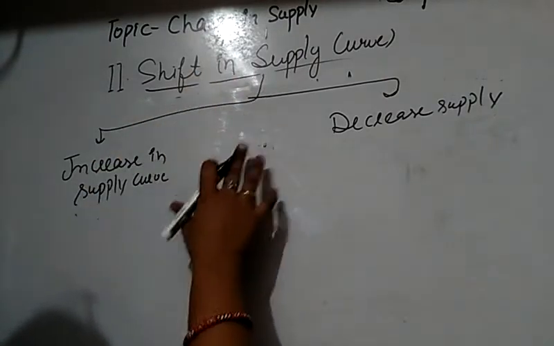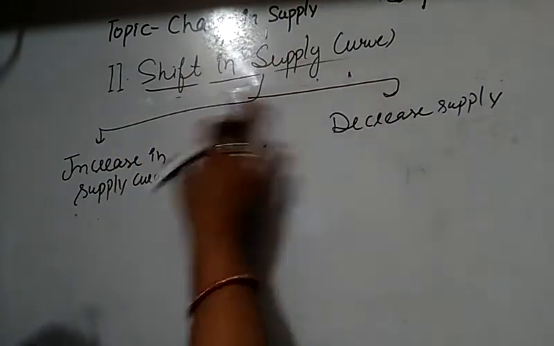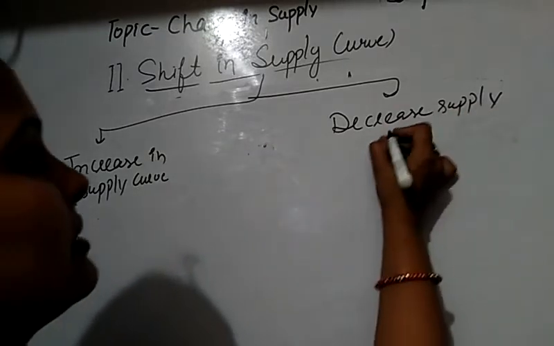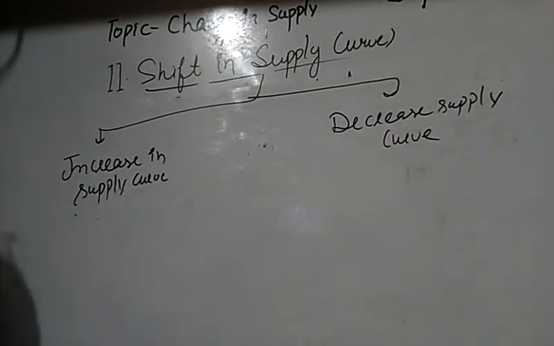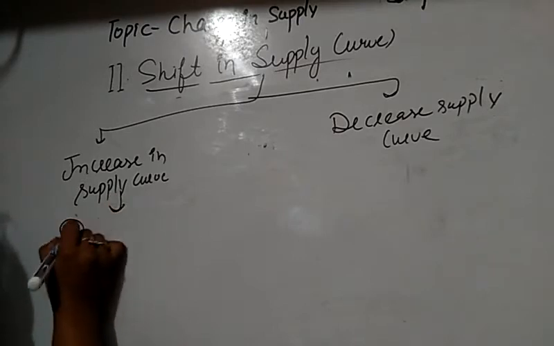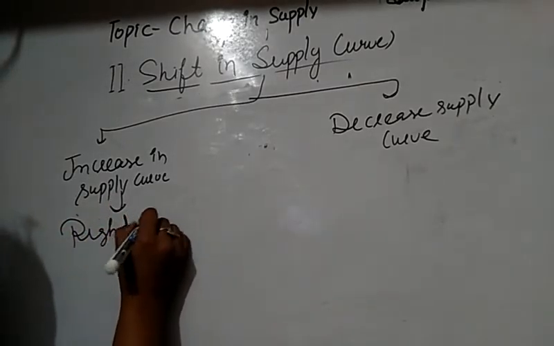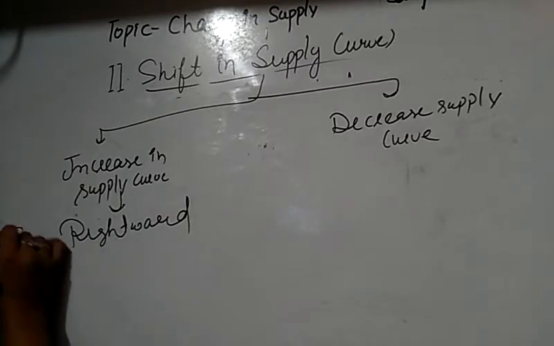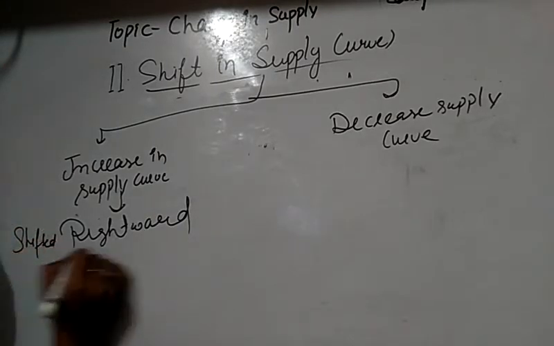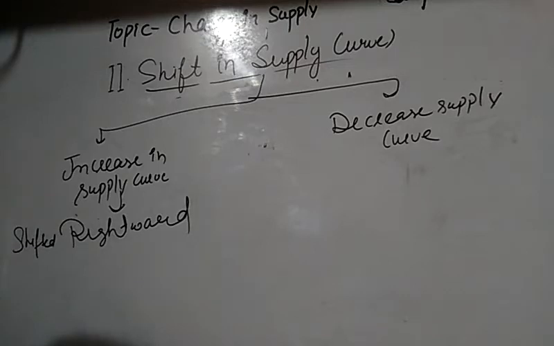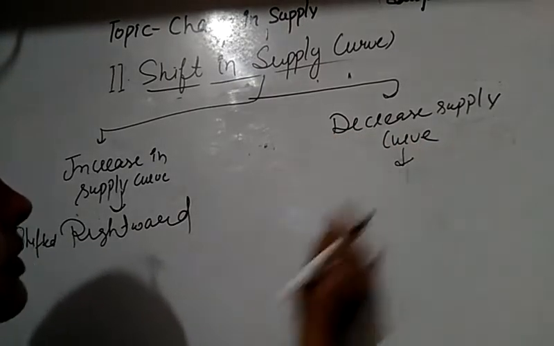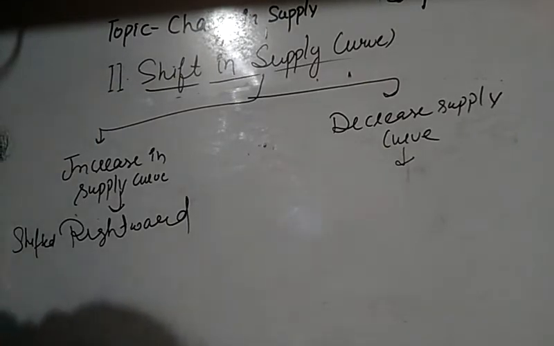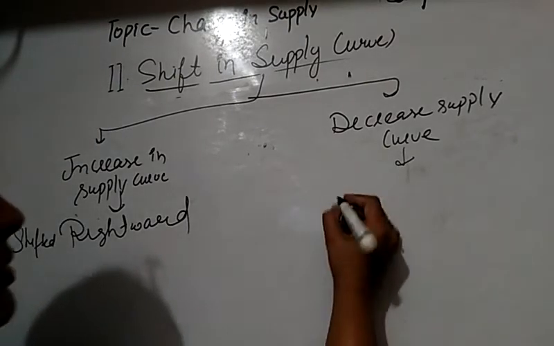So the supply curve can be shifted in two ways: increase in supply and decrease in supply. When there is an increase in supply, the supply curve shifts rightward from its place. And when there is a decrease in supply, the supply curve shifts leftward.